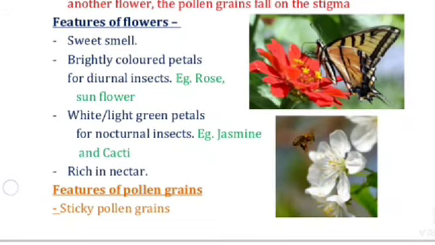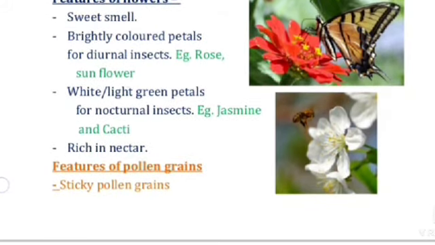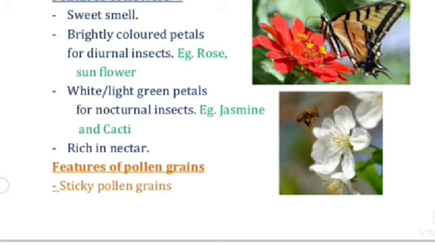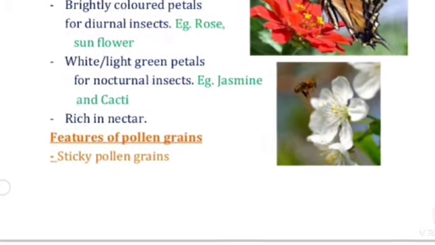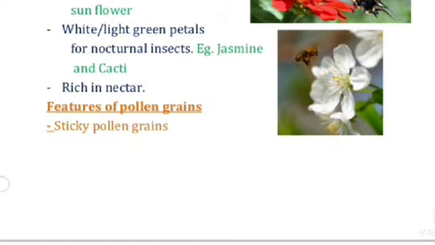Features of flowers: sweet smell, bright colored petals for diurnal insects, for example rose and sunflower; white or light green petals for nocturnal insects, for example jasmine and cacti. Rich in nectar. Feature of pollen grains: sticky pollen grains.